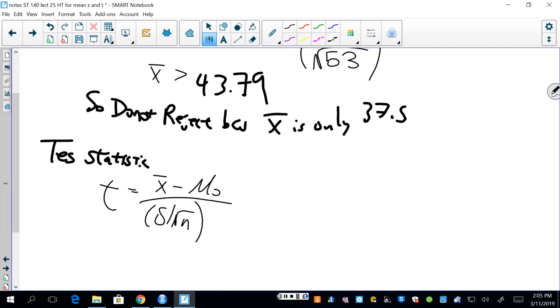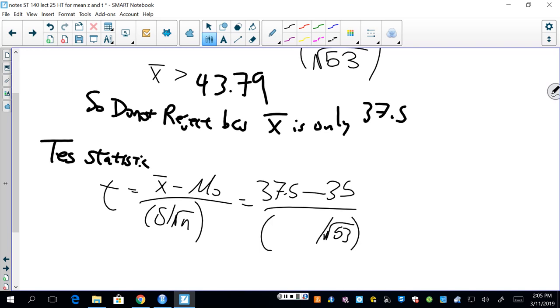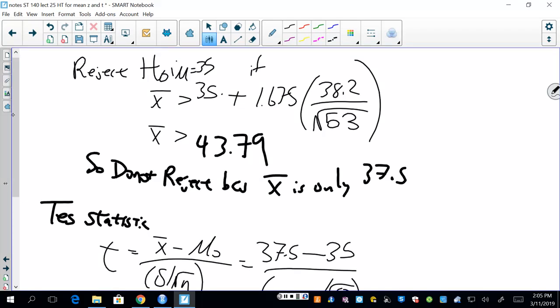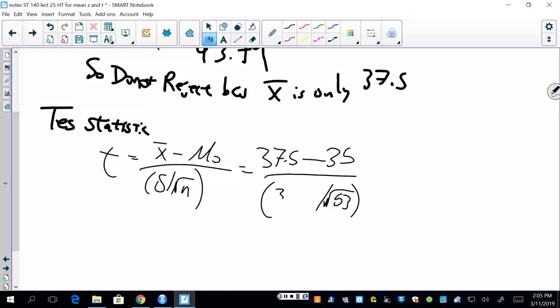So s over the square root of n we've used before, but we put in our actual x bar, 37.5 minus 35, and we divide that by 38.2 over the square root of 53. And we get a t-value, a t-statistic.